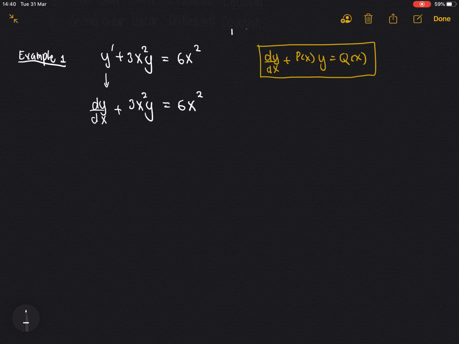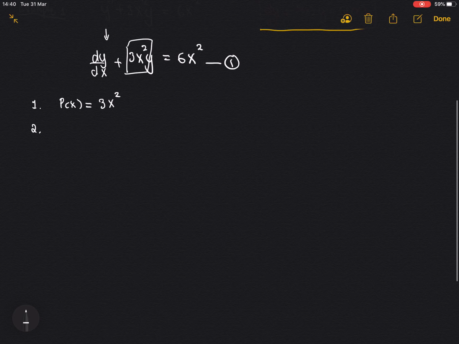If you compare expression number 1 with the standard equation inside the block, you can see that this is our p(x). Therefore, the first step is to identify p(x), which in this case is 3x².